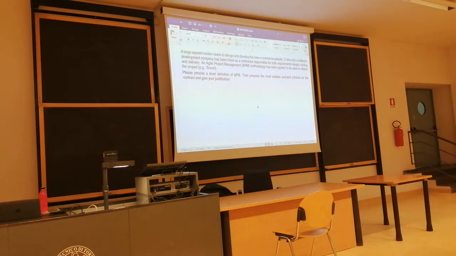You can also discard those that, to you, have a lower degree of suitability. So which one is the most suitable? You can say, well, we have three categories: firm fixed price, cost plus incentive fee, or cost plus percent fee. Which one doesn't work the best? Let's start with the firm fixed price. Would you pay a firm fixed price?